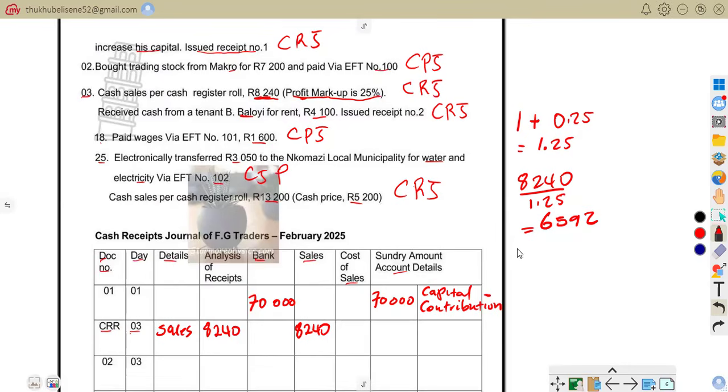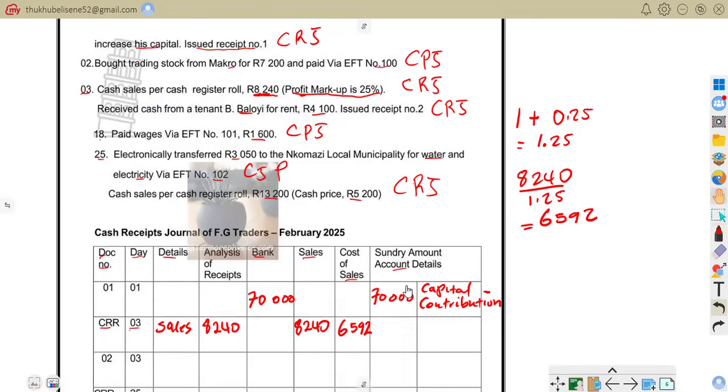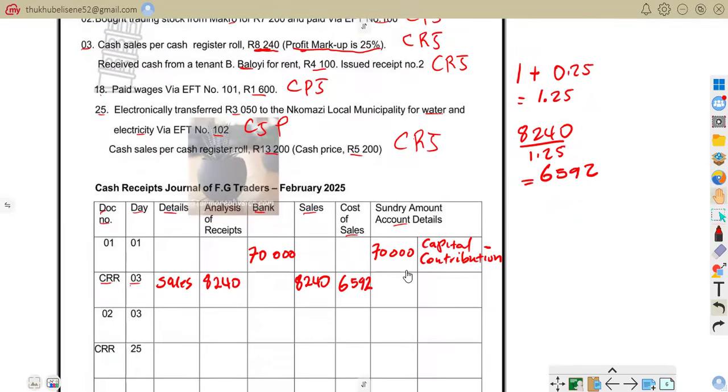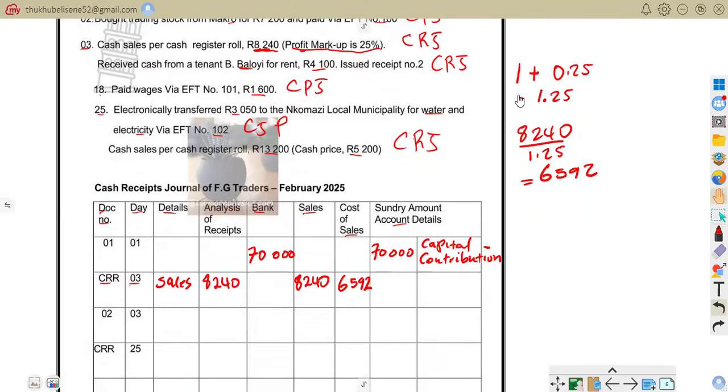So that is that. So this 6,592 is our cost of sales. So that is that. So now let us move on to other transactions that do affect our church receipts journal.